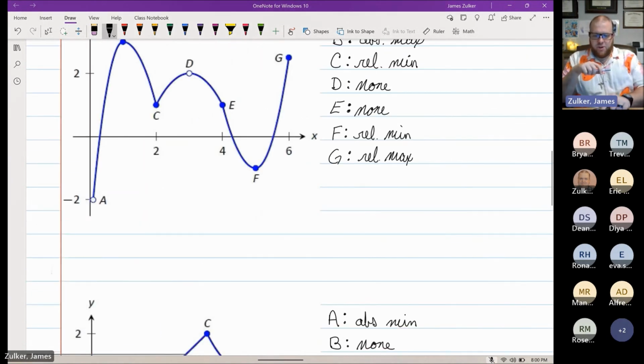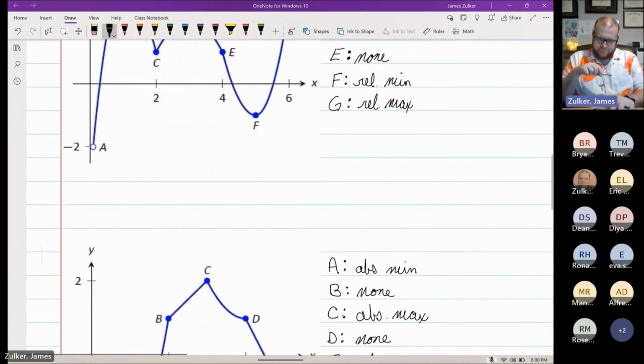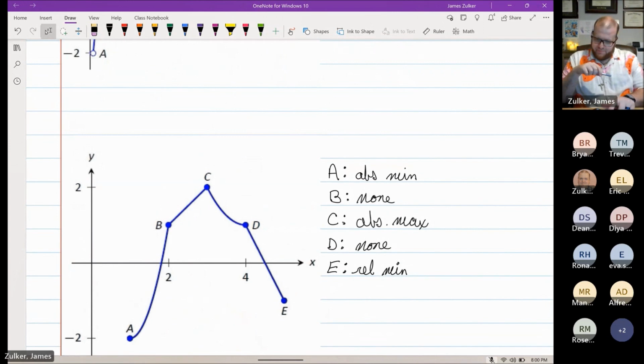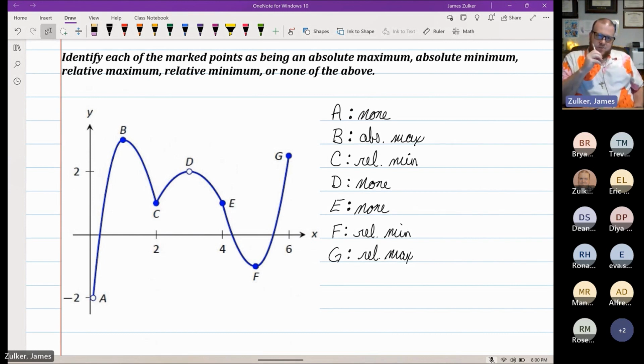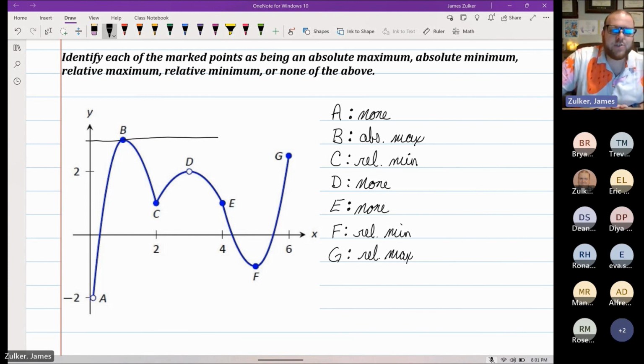So if we go back and we look, let's say right here. No, this one's going to be better. B is a critical point. It has a slope of 0. That's its tangent line.